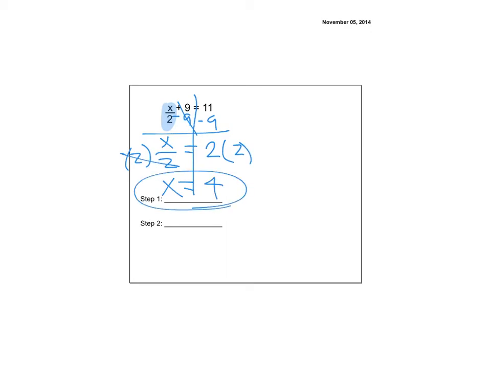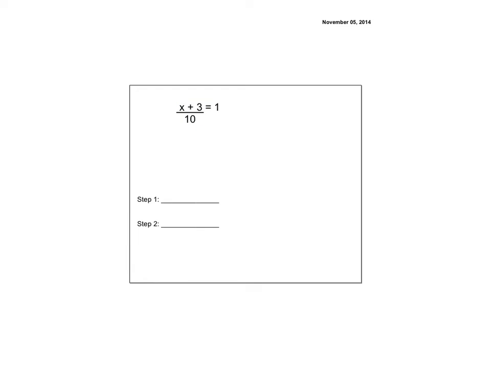We saw that we had the fraction where it was just x over one number. This one is a little bit different. Now in this case, we have that x plus 3 is on top of that 10. So before we can get to that 3, we need to take care of the 10.